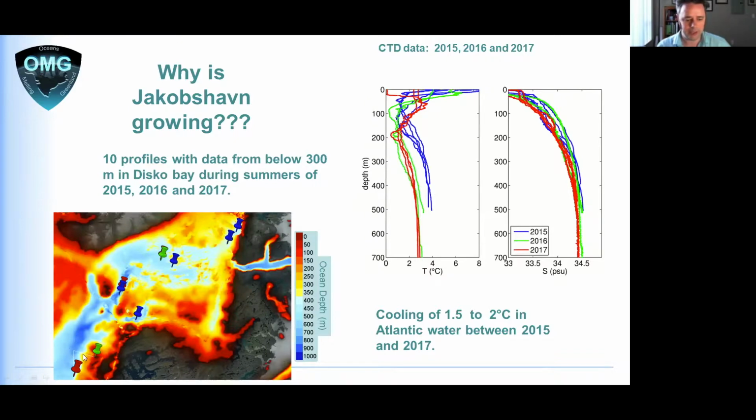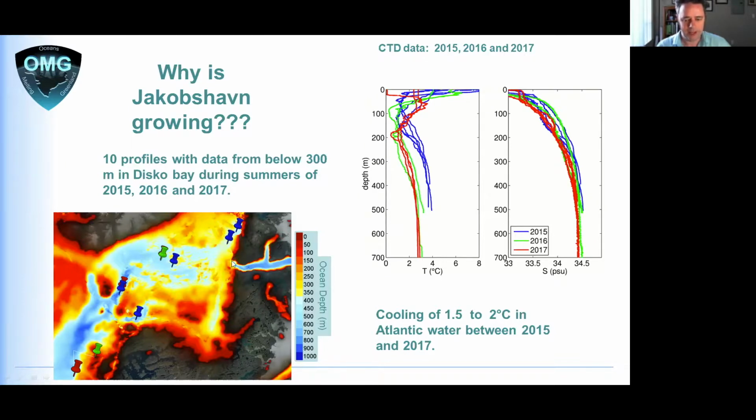Although I didn't show it here, a similar signal persists all the way to the edge of the shelf down this large trough, which extends to the edge. So there seems to be a broad scale cooling that happened between 2015 and 2016, and especially 2017, in Disco Bay and the waters that we think are probably reaching the edge of the glacier.